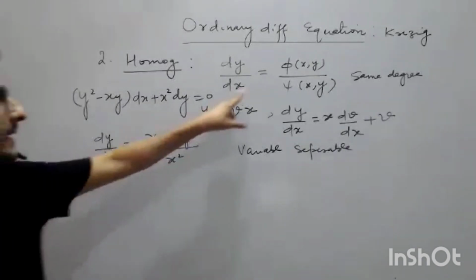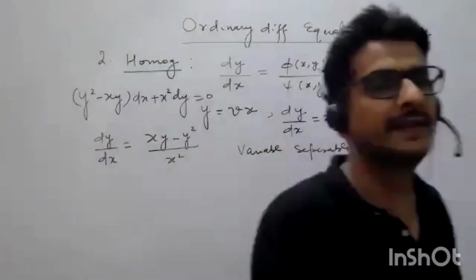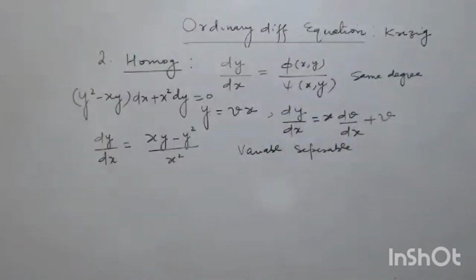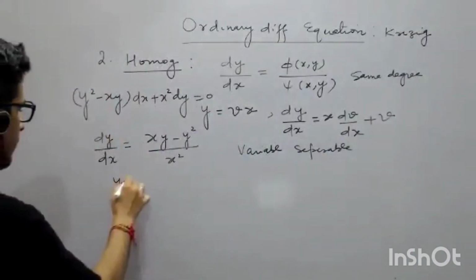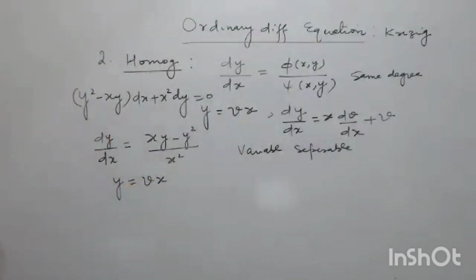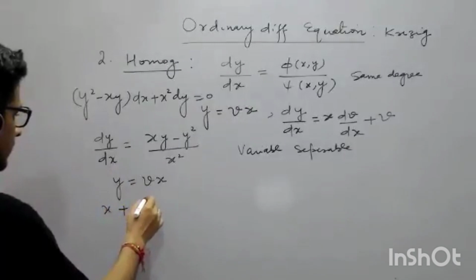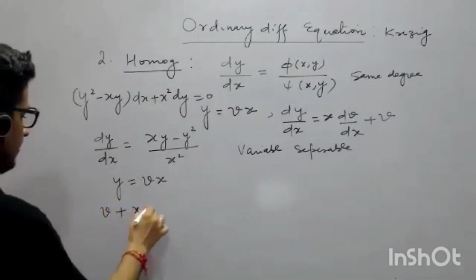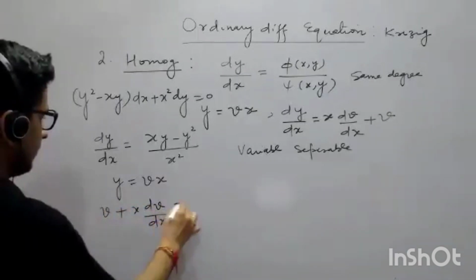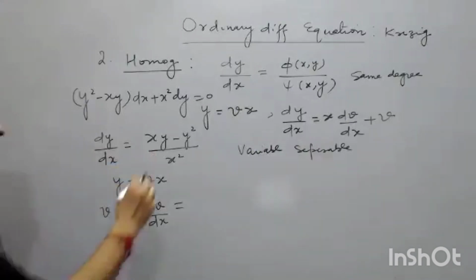Now this is in this form and all the terms have degree 2. That is the important thing, that degree should be same, otherwise you can't use the homogeneous method. Now let us substitute y is equal to vx, then it will become v plus x dv by dx is equal to, write this part, y is equal to vx.